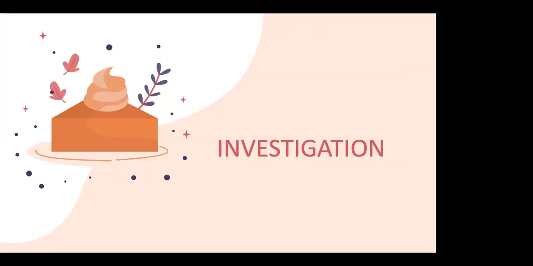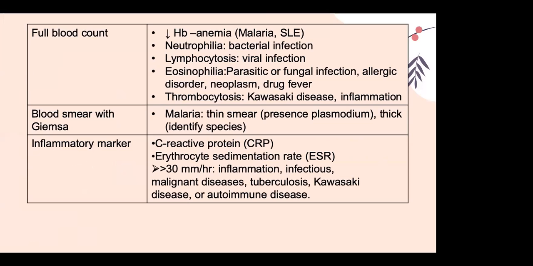Last, we go to investigation. These are the common investigations that we need to do in prolonged fever. First we start with the full blood count, where we look at the hemoglobin.